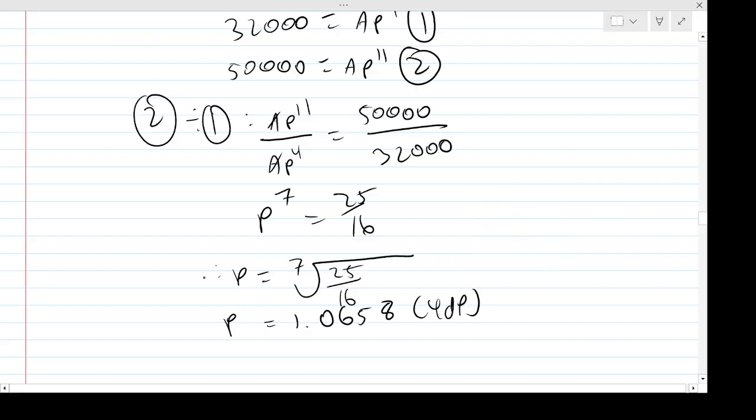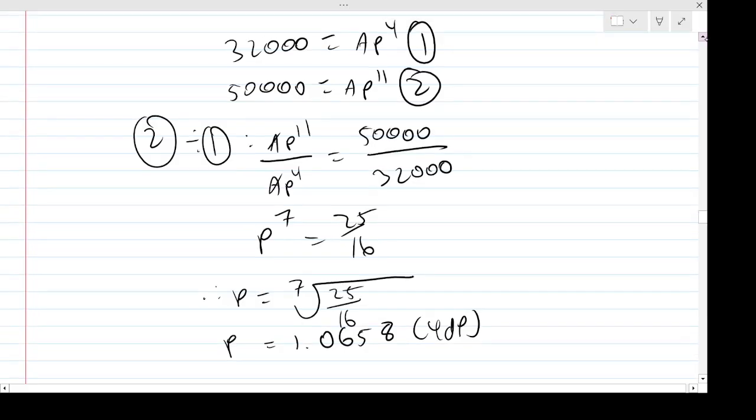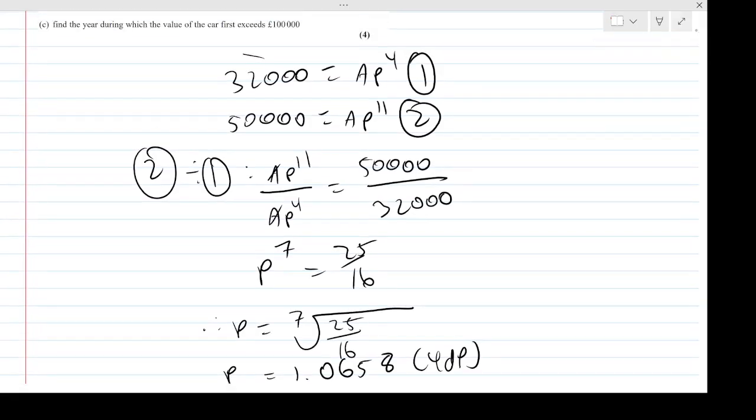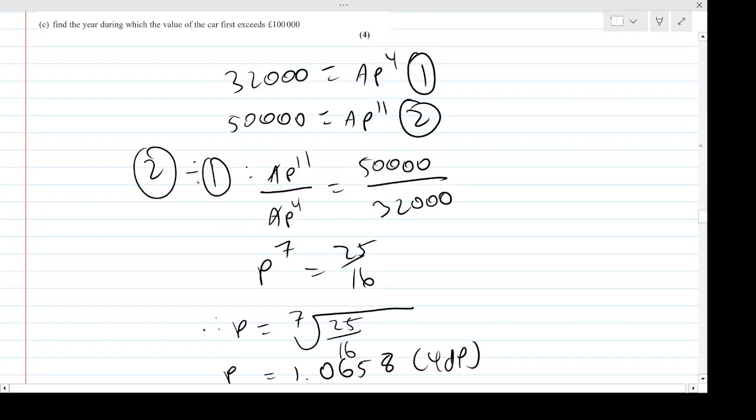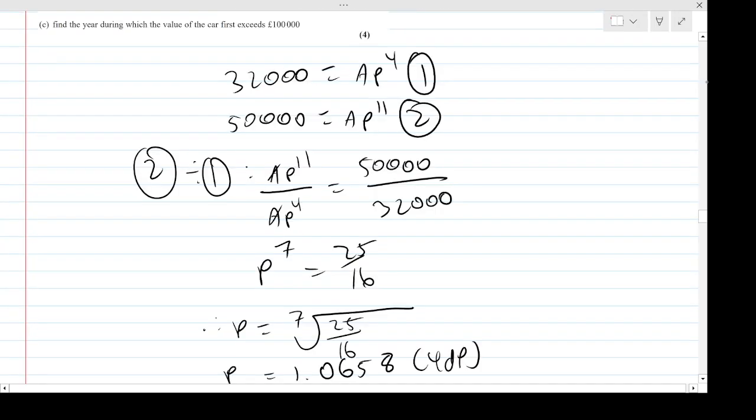So then I'm going to substitute that back in to either equation here. So let's substitute it into the first one. So let's sub P into the first one. Okay, so then 32,000 is going to be AP to the 4, right?